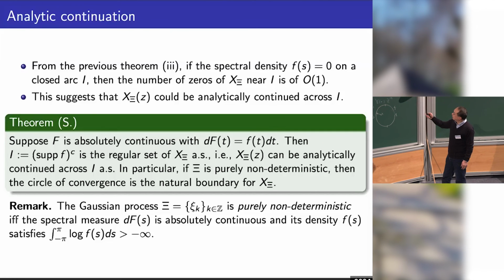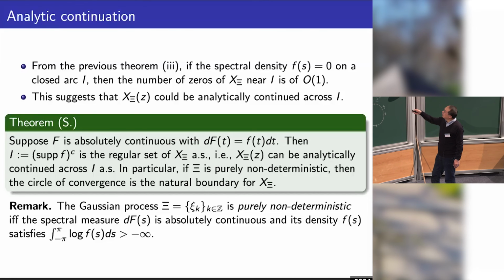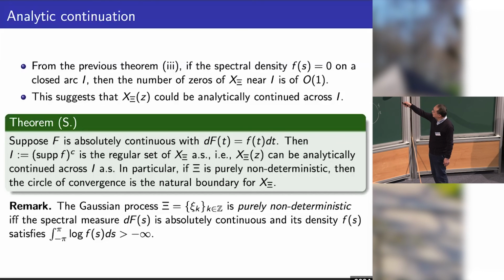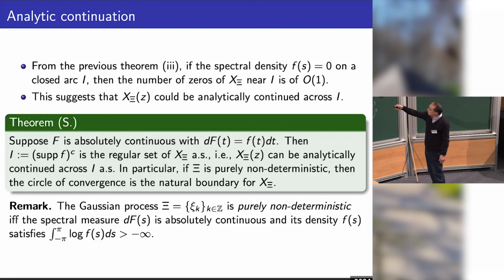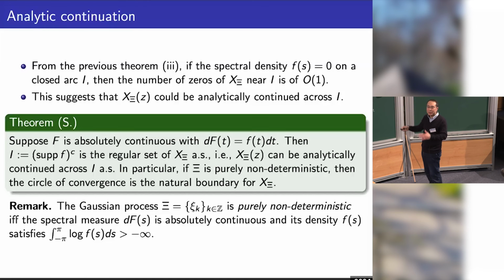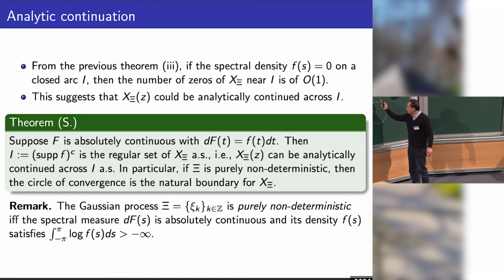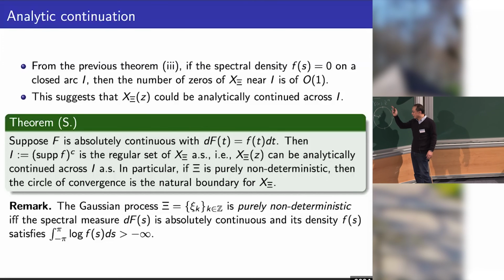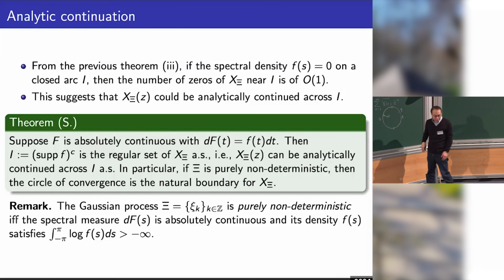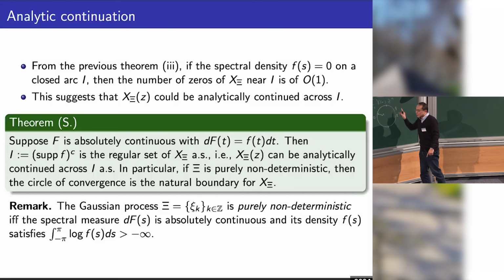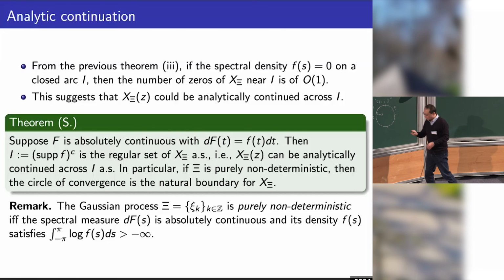Actually, if the Gaussian process is purely non-deterministic, the spectral measure is absolutely continuous, and its density is something like this. This means that f is strictly positive, so you can't have an analytic continuation to the outside. So this boundary is a natural boundary of this process.